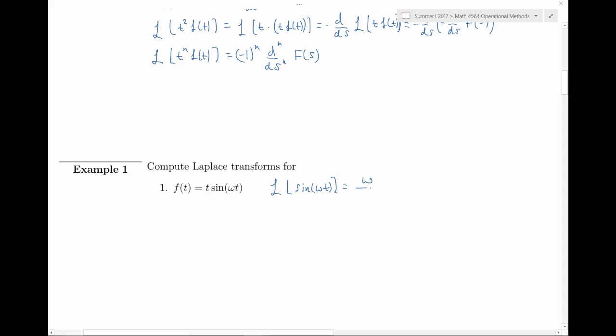It's omega over s squared plus omega squared, and therefore the Laplace transform of t f of t is simply going to be minus the derivative of the Laplace transform that we have.